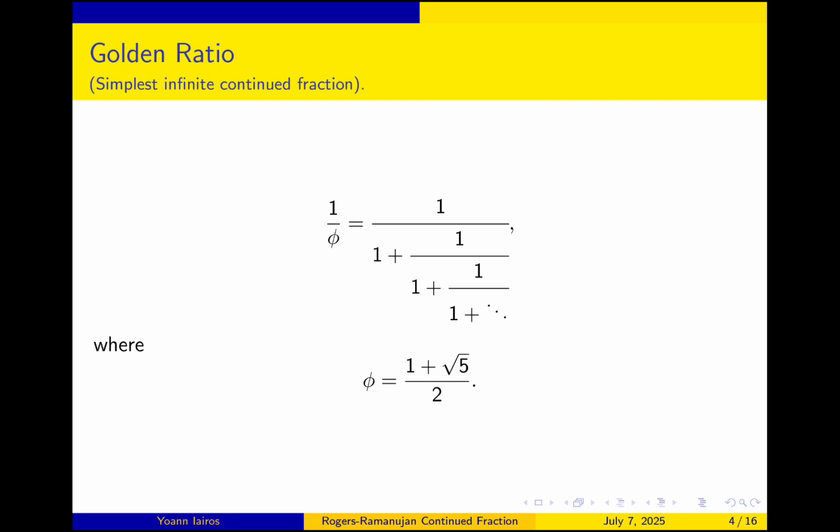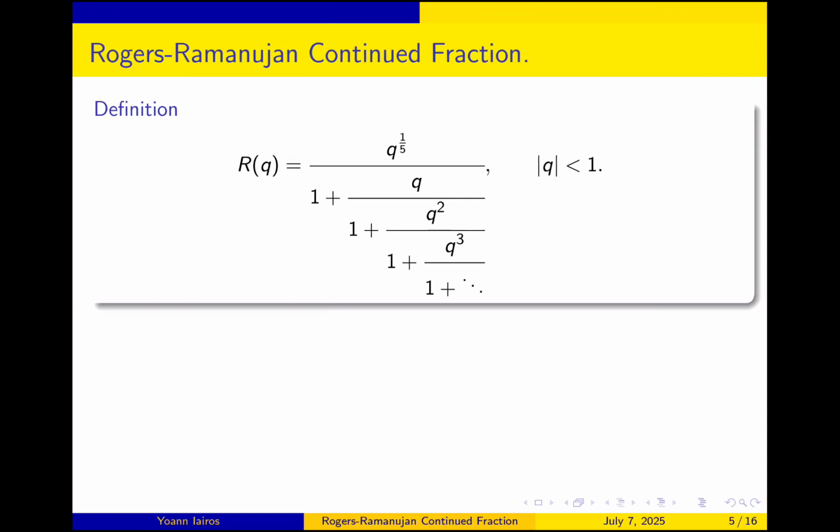And the natural generalization of this simplest infinite continued fraction is when we replace the ones in the numerators by powers of q. And well, perhaps the q to the 1/5 is not very natural, and indeed it is not necessary to include it.